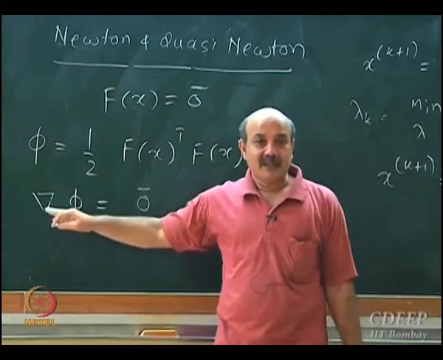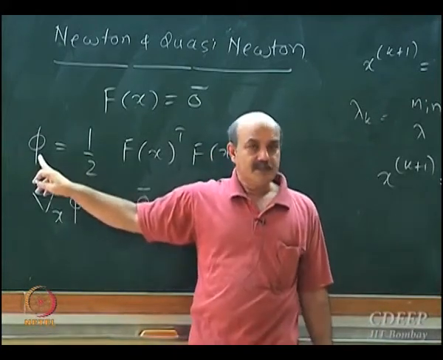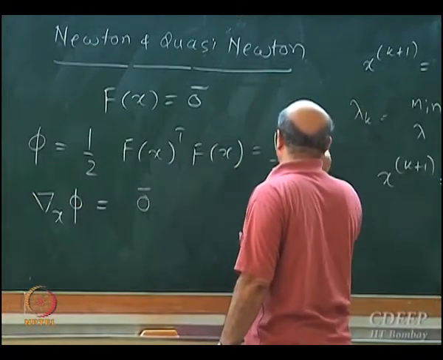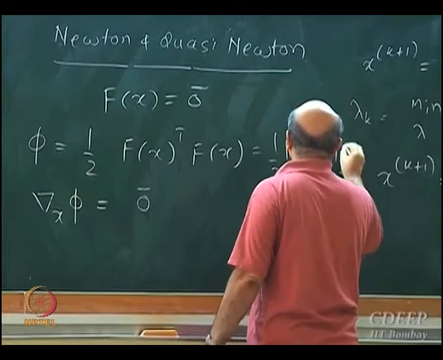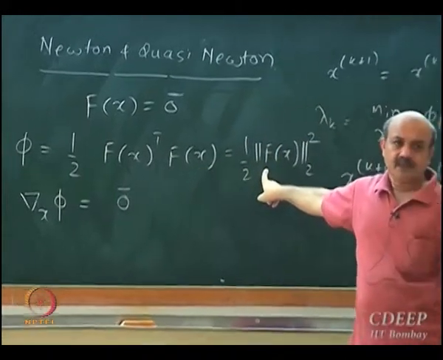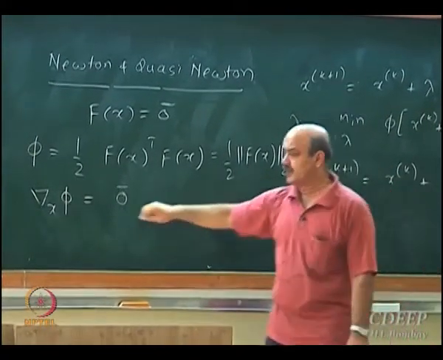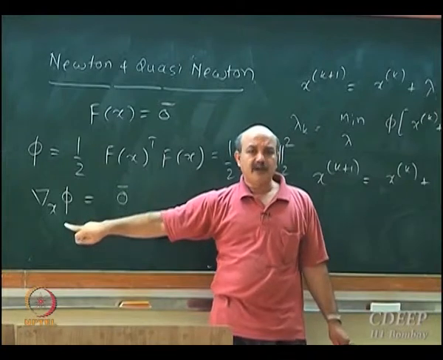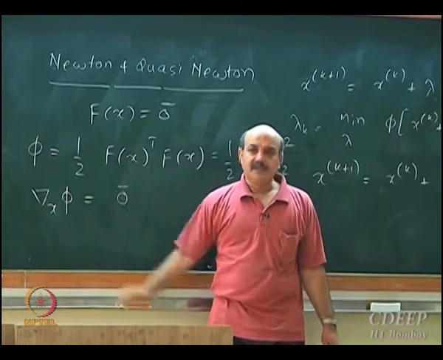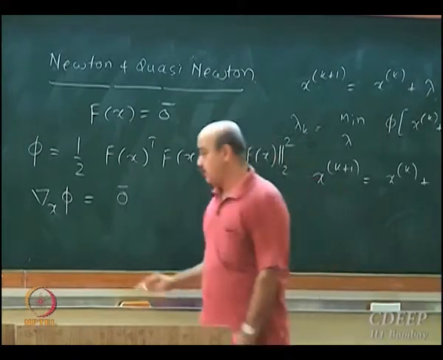Now phi is nothing but half the 2 norm squared of f x. The norm is a scalar, so this is a scalar objective function. So what is this grad phi? Is it a vector or a matrix? It's a vector, not a matrix.